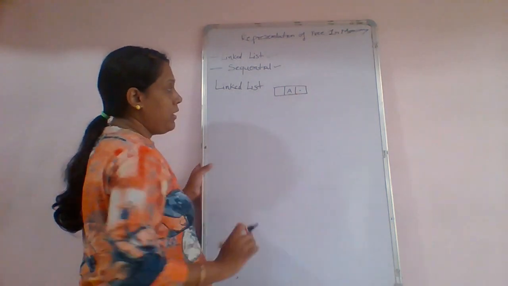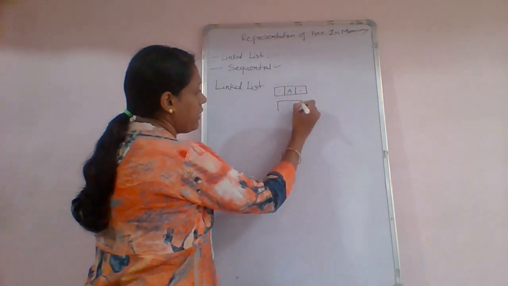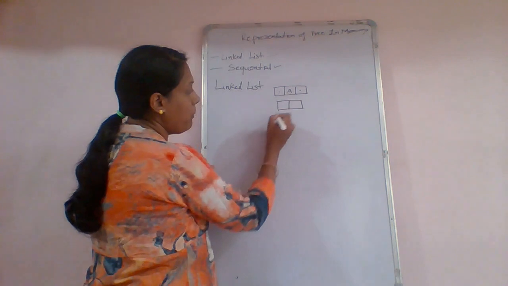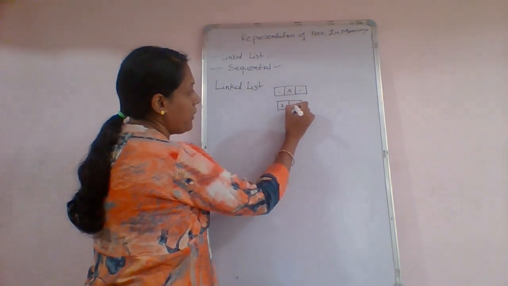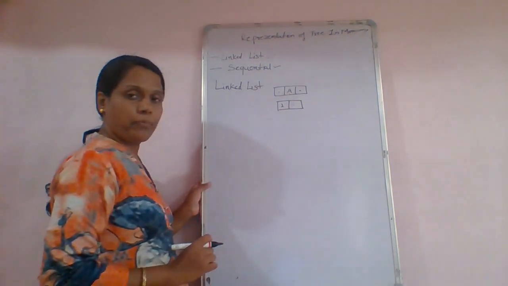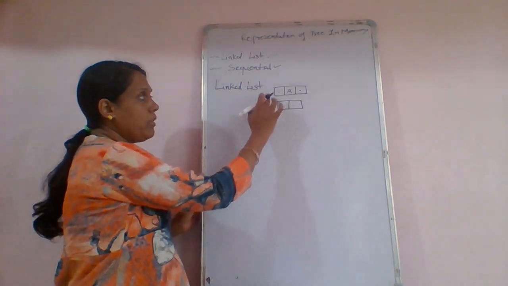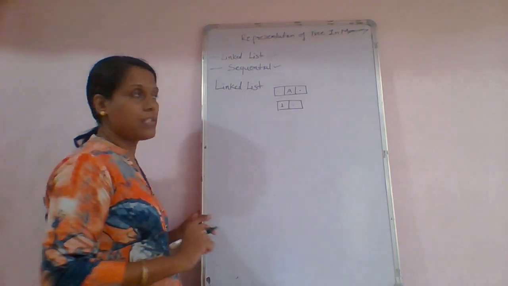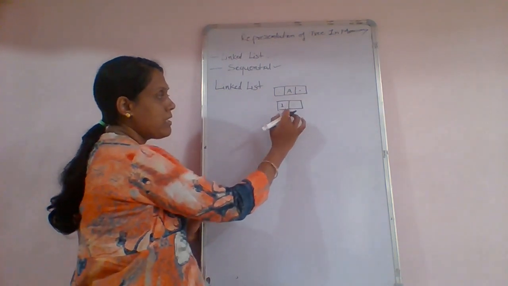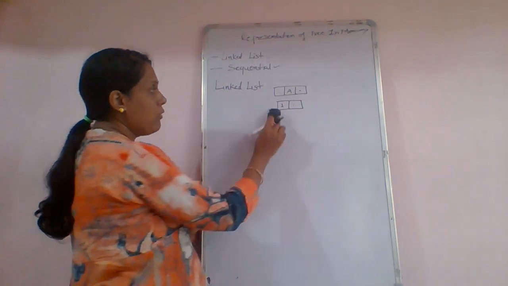It is the doubly linked list. And if the node consists of two parts, then it has the info part and the pointer part. These are the two types of node, and depending on these nodes, there are two types of linked list. This is the doubly linked list having three parts. This is the singly linked list having one pointer part.